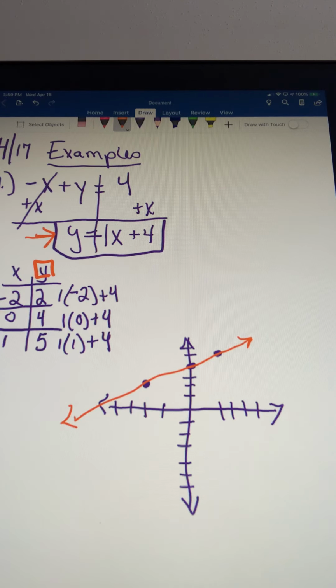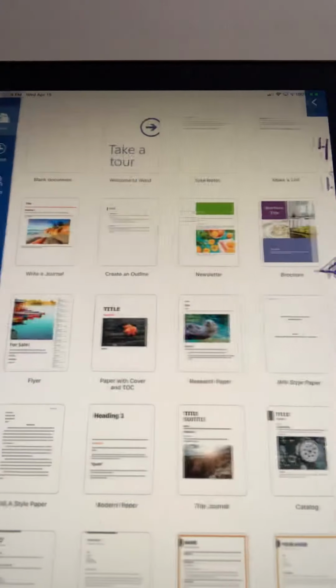So I'm going to get a clean piece of paper and we're going to start over. So number 2. So 2 is going to be 2x plus y equals positive 3. Well, put your line going down if it helps.